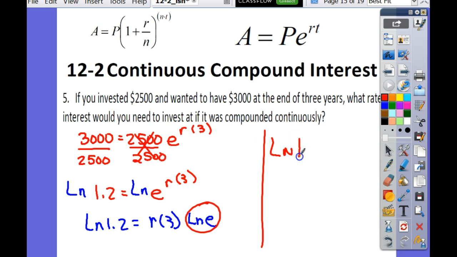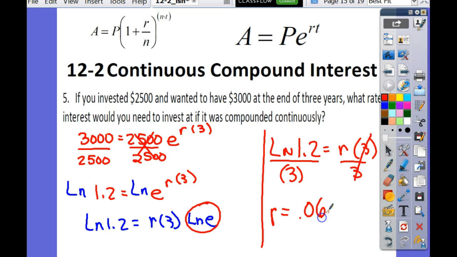So this is ln 1.2 equals r times 3. What do you do last of all? What is the final answer? You're rounding off a little too much. That's not the final answer.